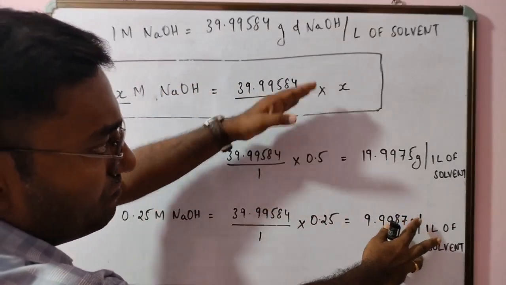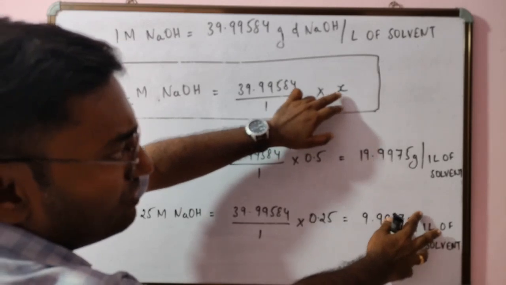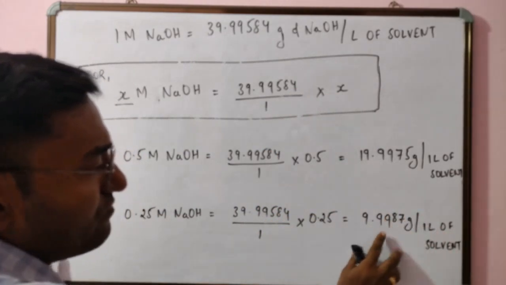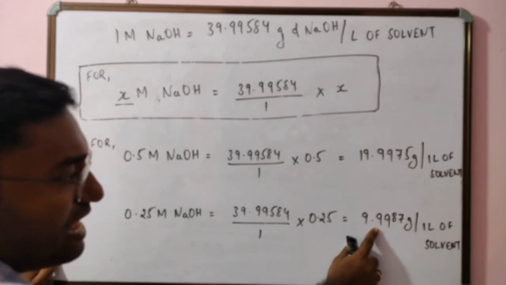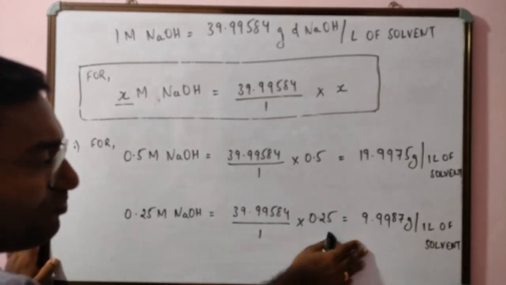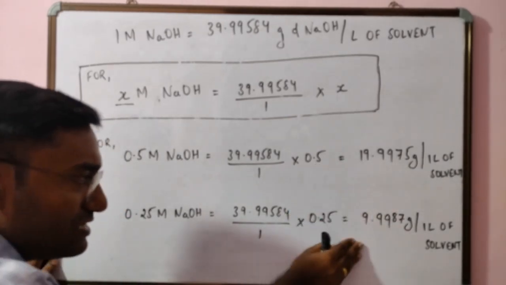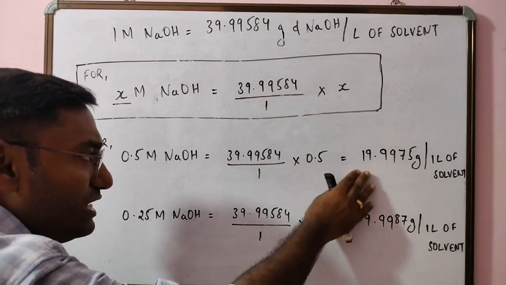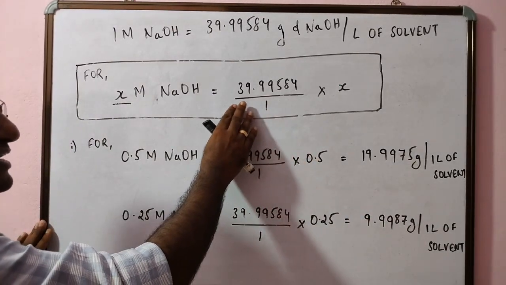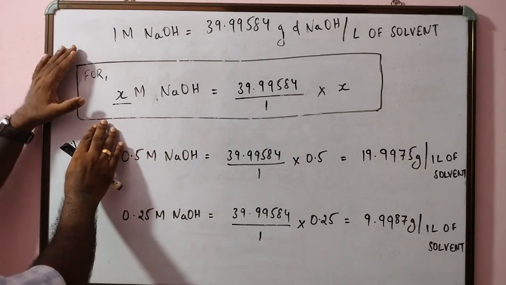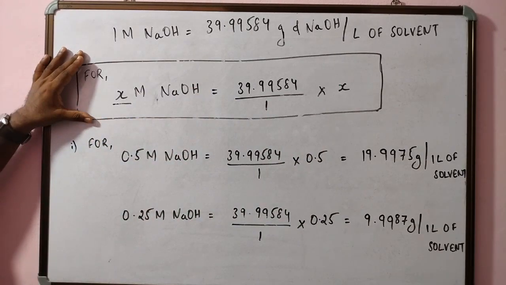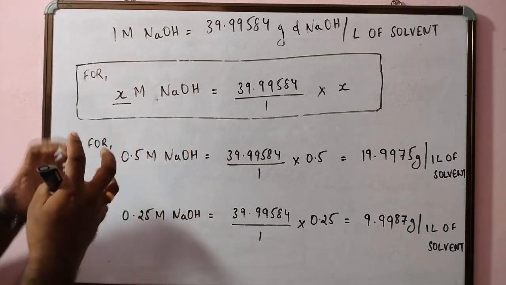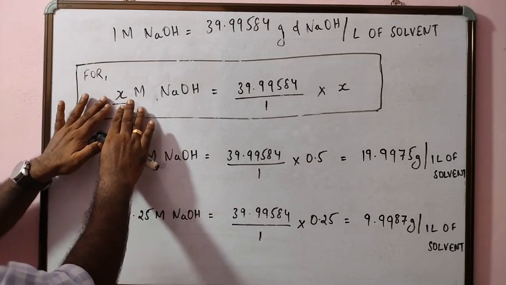However, for verification purposes, when we put the value of X as 0.25 and calculate, we get a value that is in confirmation with the expected value. As both of these values are in confirmation with the expected values, this indicates that the formula is authentic and it can be used for calculating the grams of NaOH required to prepare a solution of any molar strength.